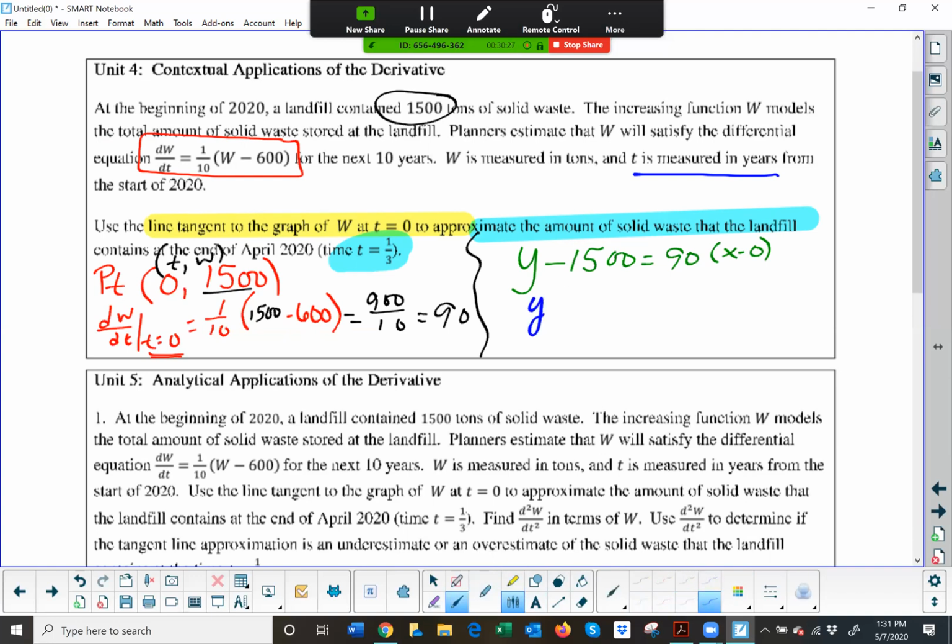So I would probably go like y of 1/3 is about 1500 plus 90 times 1/3 minus 0, or 1/3. And that answer is just sufficient as it is right there, down to multiplication and addition. If you just can't help yourself, looks like we get 1530. They didn't ask for the label, but it would be tons.